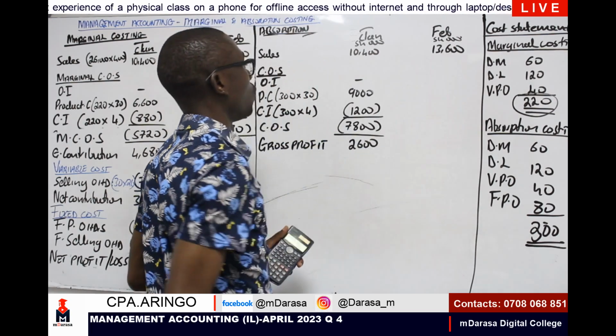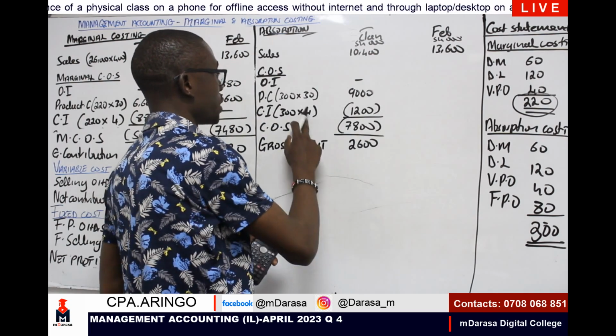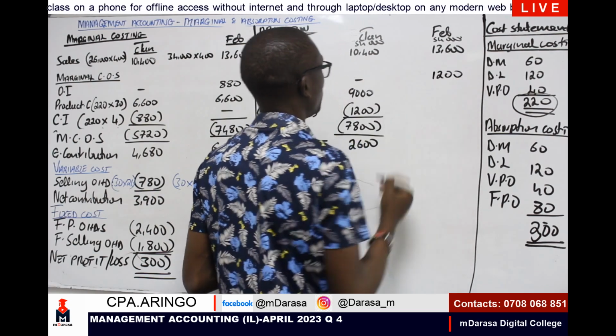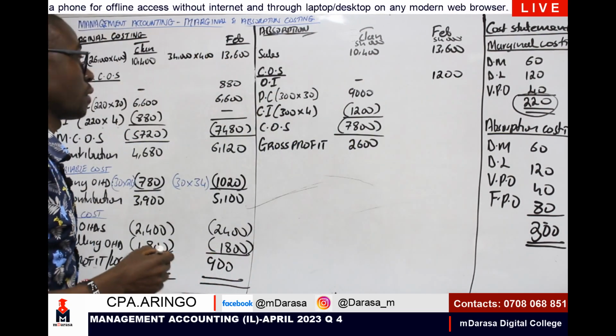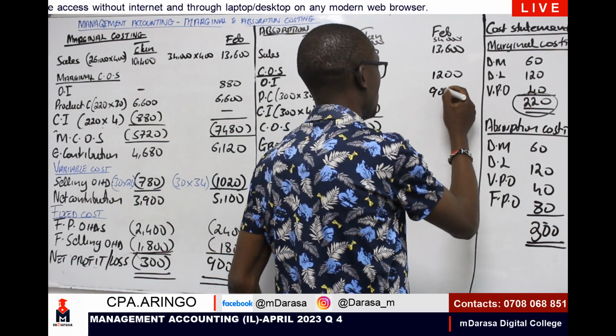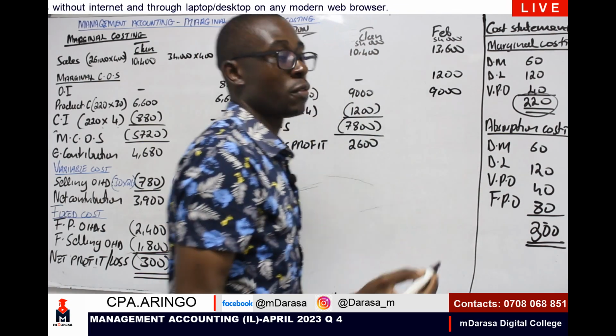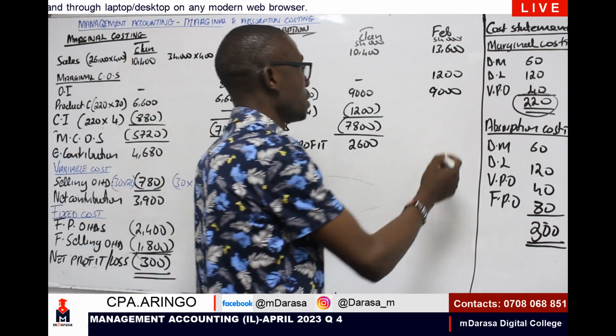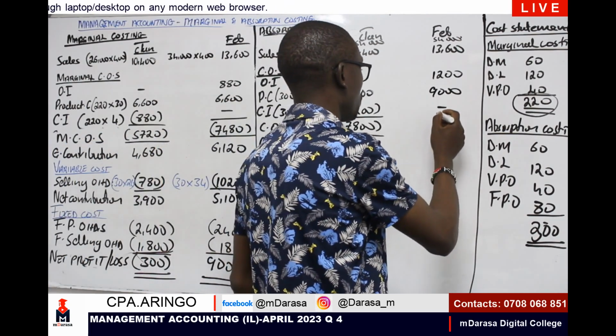What about our Feb month? Closing inventory in the month of Jan will be our opening inventory in the month of Feb. Our production cost will not change, it will just be 9 million. But suppose we had different figures of our production, that would have changed. We realize that you didn't have any closing inventory in Feb, so that one will be dash.